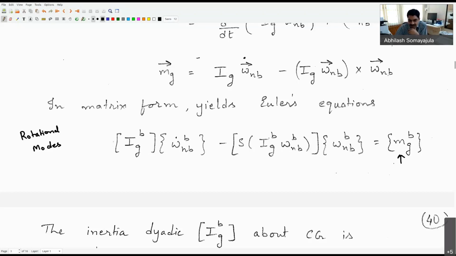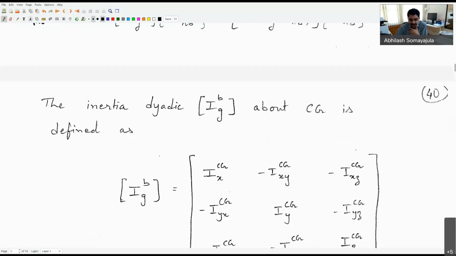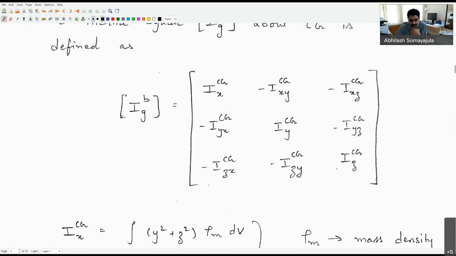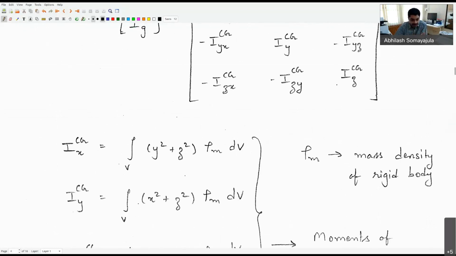Unlike in the linear momentum case where the linear momentum is simply given by mass times the velocity, the angular momentum is not a scalar value, or the angular inertia is not a scalar value. And that inertia matrix about the center of gravity is defined as a 3x3 matrix, and we looked at what its different terms are.